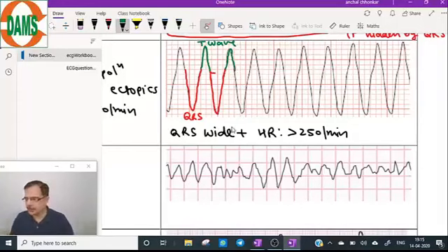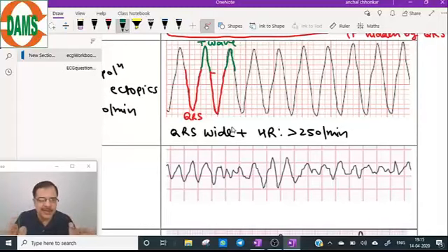Ventricle flutter. Here, in this example also, the ectopic is originating from the epicardium, correct. So this is the ventricle flutter. And if I look at the rate here, the distance between two QRS complexes is 5 mm.